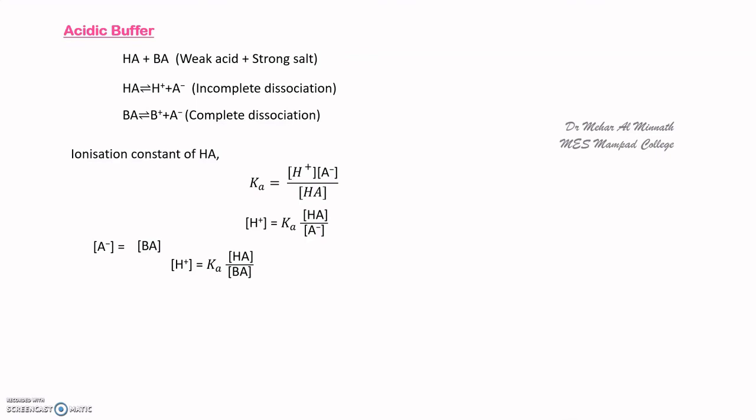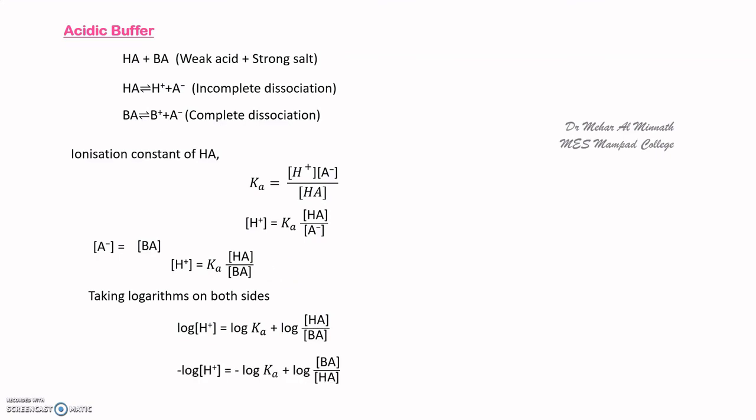Now taking log on both sides and making it negative. Taking log, we get log H plus equal to log Ka plus log concentration of acid by salt. Making it negative, we get negative log concentration of H plus equal to minus log Ka plus log BA by HA.